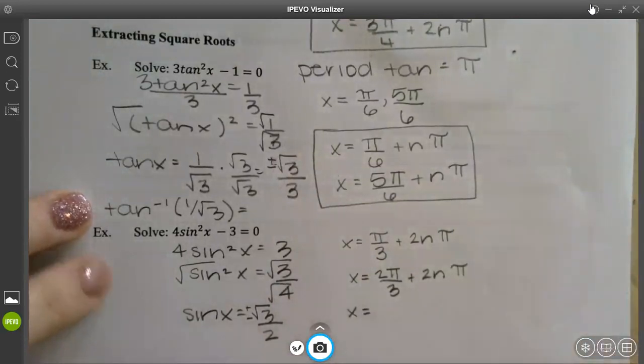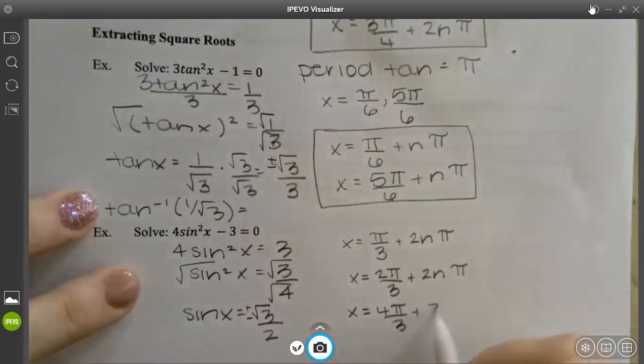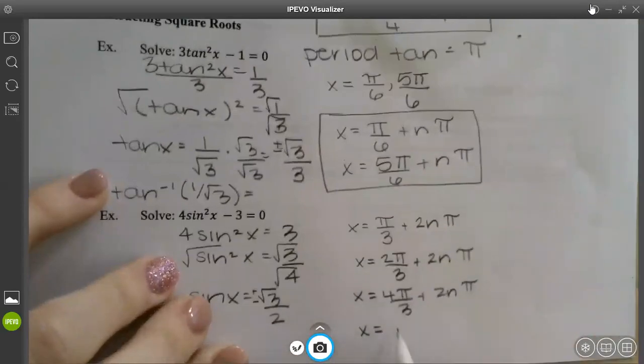Where does it happen in quadrant 3 that we have a square root of 3/2 in the y? 4 pi/3. And then what about in quadrant 4? Square root of 3/2 in the y. 5 pi/3.